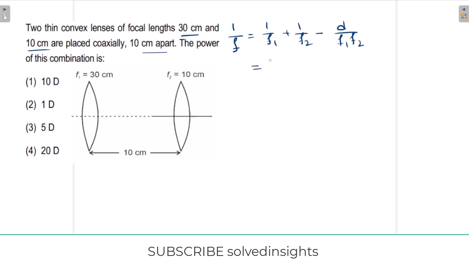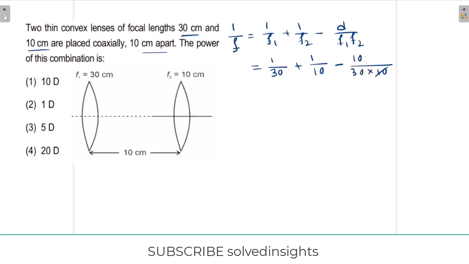So f1 is 1/30, because here it is a convex lens, so f is positive. And f2 is 10, so plus 1/10, because the focal length of a convex lens is again positive, minus d, the separation, that is 10, divided by f1 f2, which is 30 into 10.